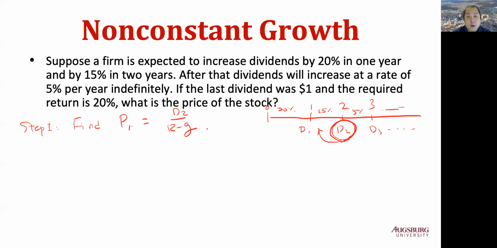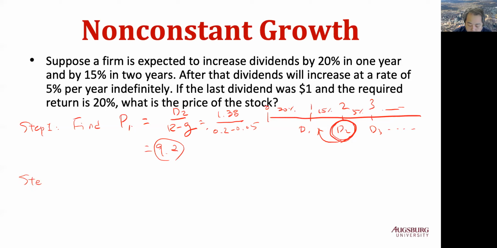It doesn't have to be from the current dividend. From the next dividend, it grows at G forever, at a constant rate. So D2 is 1.38 as we calculated, divided by R, 20%, minus G, 5%, you have 9.2.